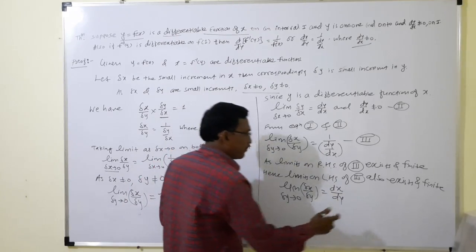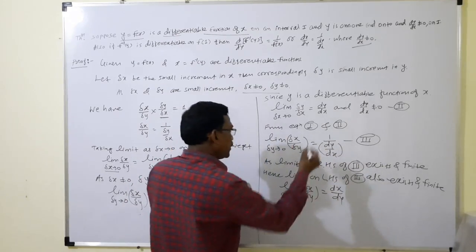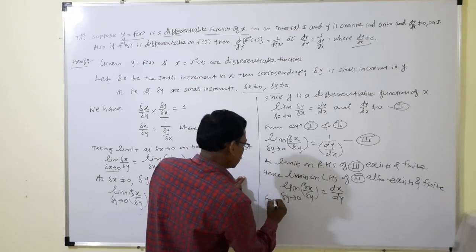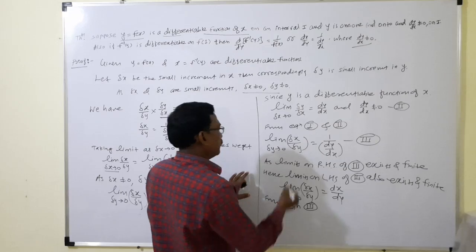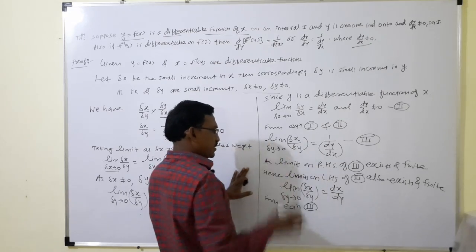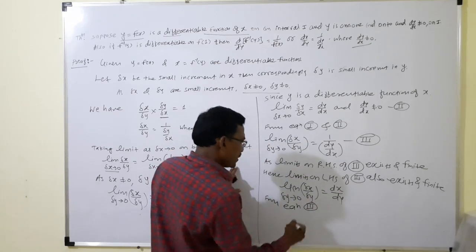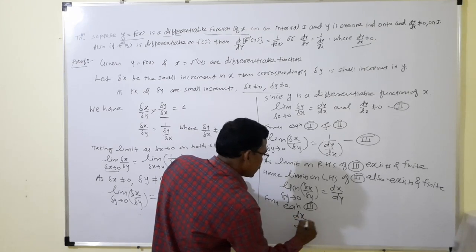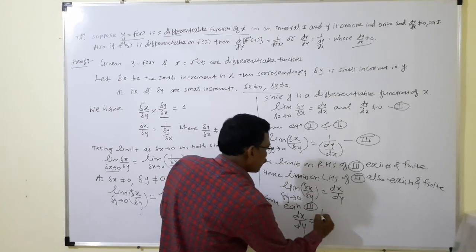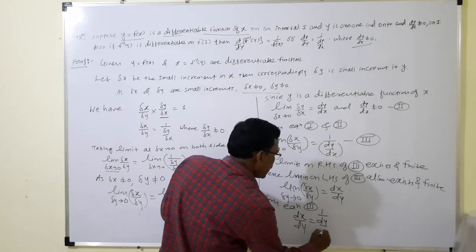Therefore from equation 3, we write this limit is equal to dx by dy, and dx by dy is equal to 1 upon dy by dx.